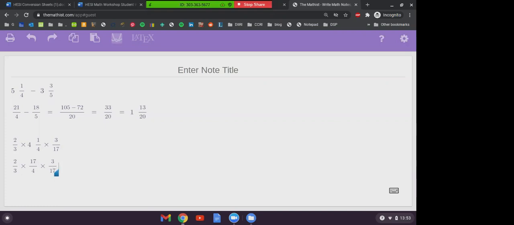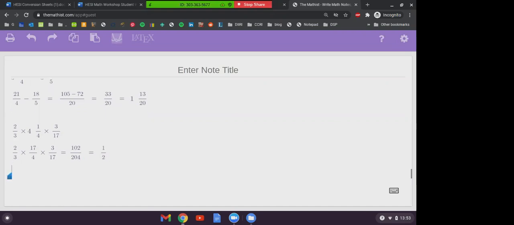Now you can just multiply all the tops and all the bottoms, and that will be fine. And you'll get something like this that you have to reduce, which is fine. You can also cancel though, right? So you can cancel the 3 and the 3, and the 17 and the 17, and the 2 and the 4. And that makes your life a little easier, right?